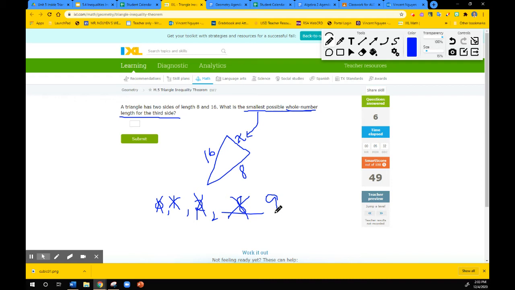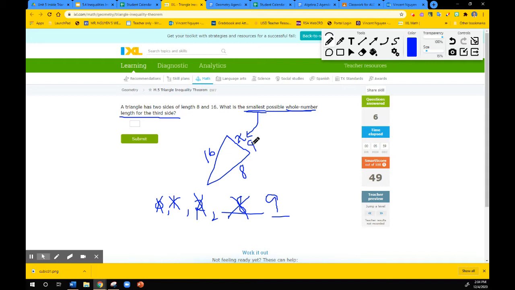If I put 9 in here, 9 will work. So this is not actually the smallest side. We're actually looking for the smallest number that the third side can be, so it's not necessarily the smallest side. I kind of made a mistake there.